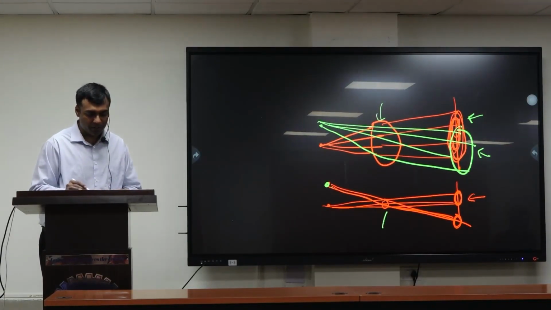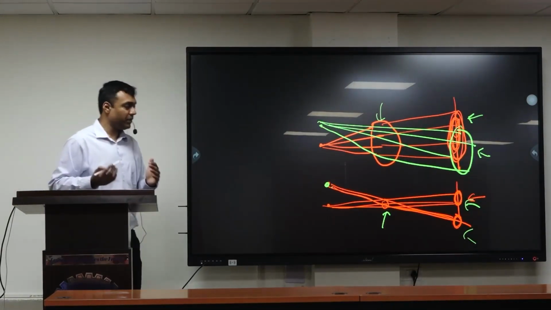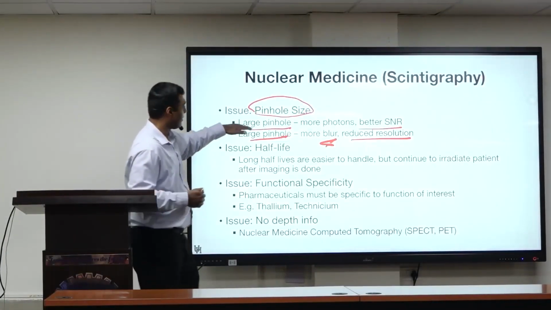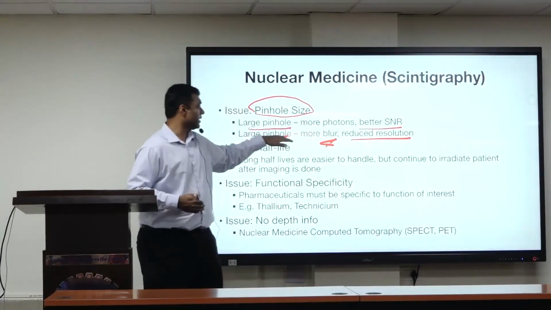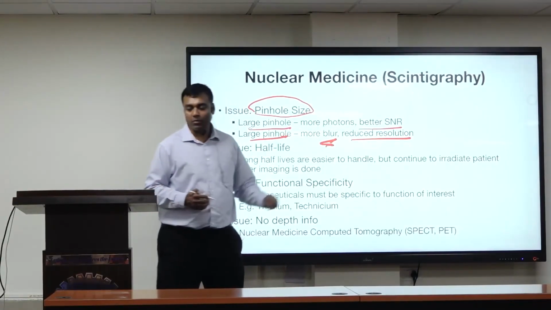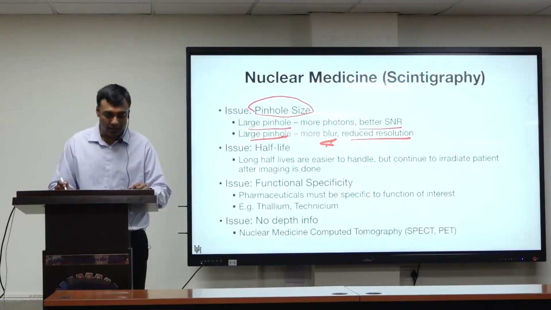If the hole is very small, they can be easily separated, right? So the pinhole determines the size. The larger the pinhole, the more photons you get, and therefore better SNR. But on the other hand, you'll have a bigger blur and therefore worse resolution.